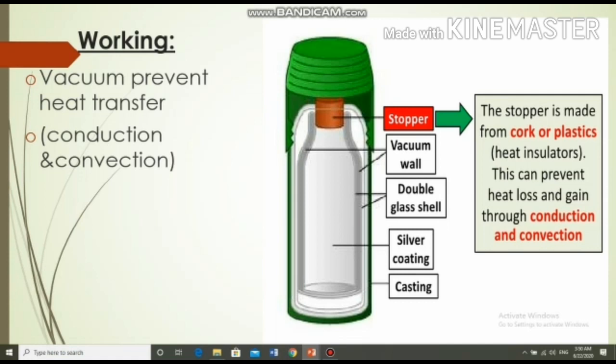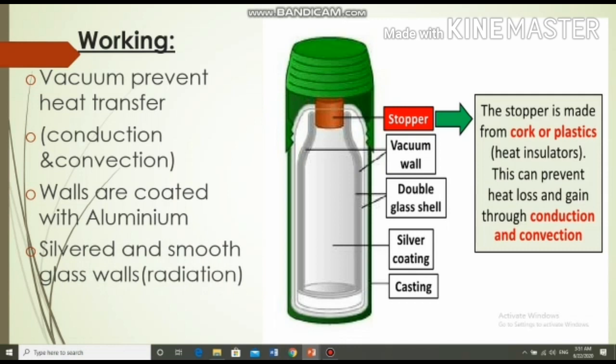The other main thing that reduces the transfer of heat energy is the silver coating of aluminium. Aluminium is a shiny surface and it is coated on the inner surface of the glass bottle. We know that shiny surfaces are bad emitters of radiation.